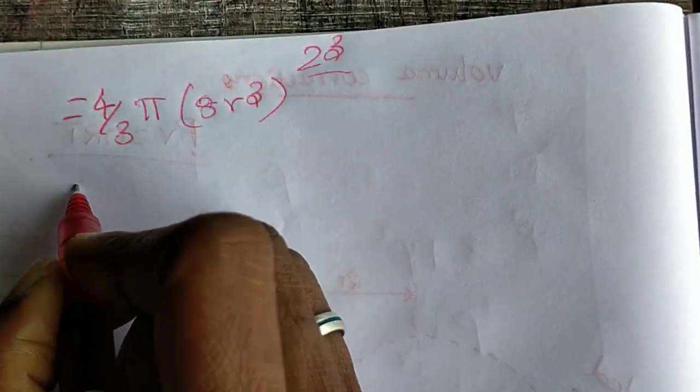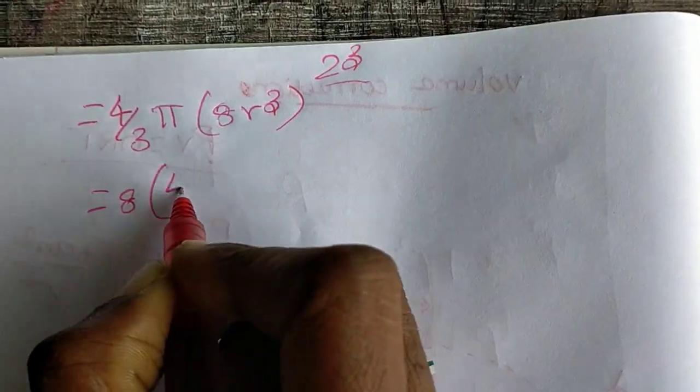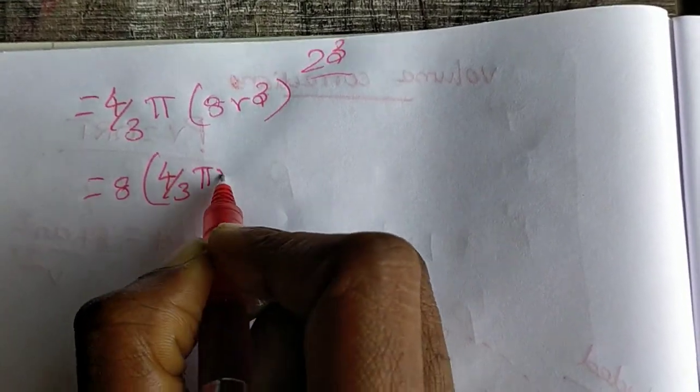So you can write 8 times 4 by 3 pi r cubed.